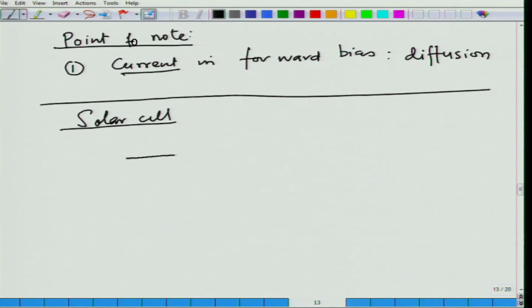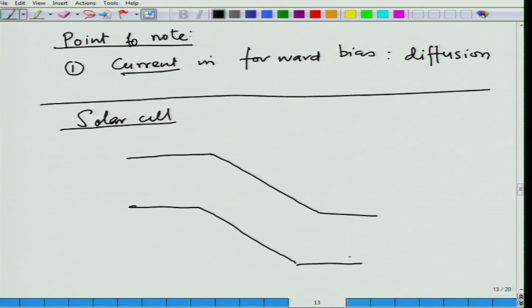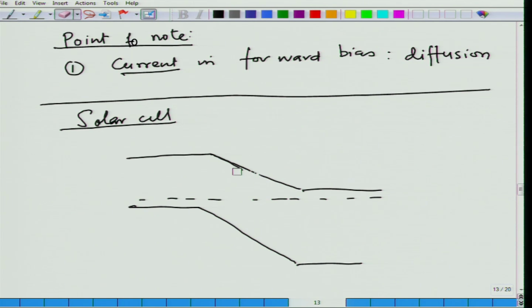In case of a solar cell, looking at the same situation, a solar cell in equilibrium, J n is equal to 0, which is equal to J n drift plus J n diffusion.